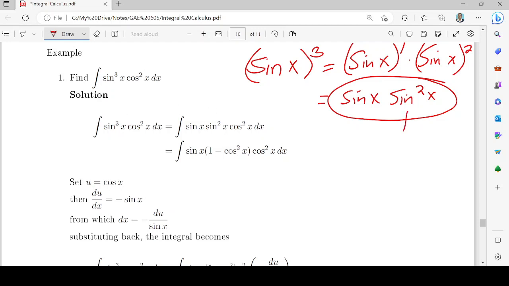Now this one, sine squared x, we replace with 1 minus cos squared x. So in our integral we have sine of x times 1 minus cos squared x times cos squared x. We can choose to expand this, but we can also choose to leave it the way it is. So at this point, we are going to use the method similar to algebraic substitution.